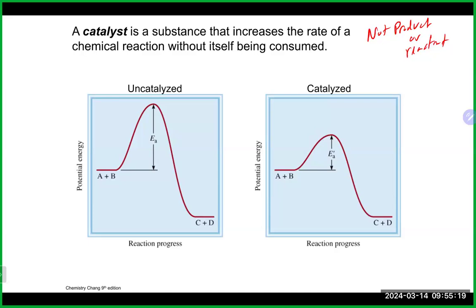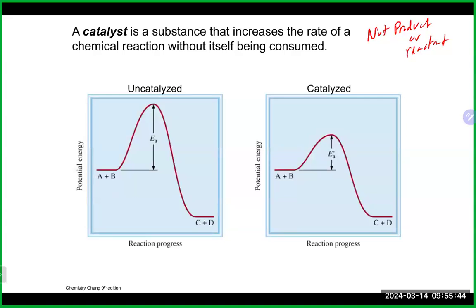It is there in most cases to facilitate the reaction occurring more efficiently and faster. And the way it's able to do that is, as I mentioned, it's able to find a better pathway or a more efficient pathway for that reaction to take place, which means ultimately what you're going to get is a greater number of molecules that have enough energy to get up and over to the other side.